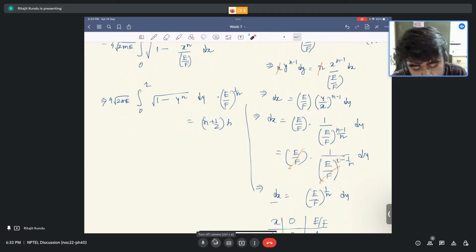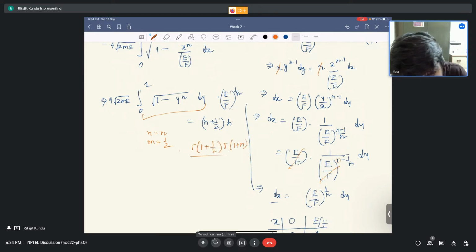We'll be using the same identity here also. So here n is just n, and m is half. So the formula for this part was gamma of 1 plus m, so 1 plus half, gamma of 1 plus n, over gamma of 1 plus n plus half.